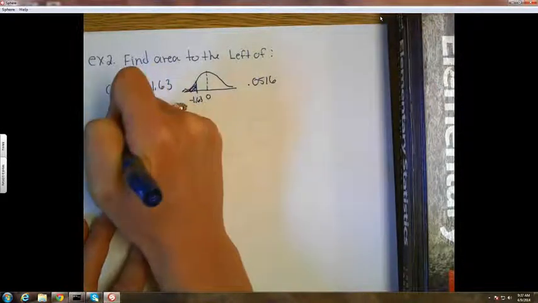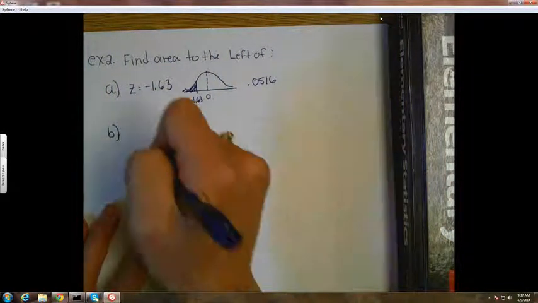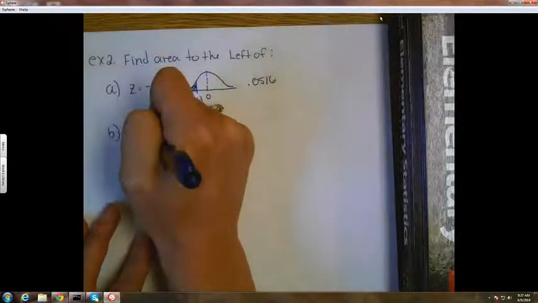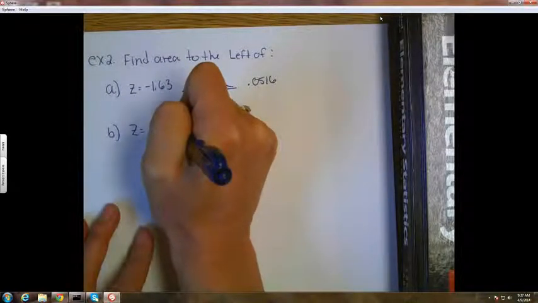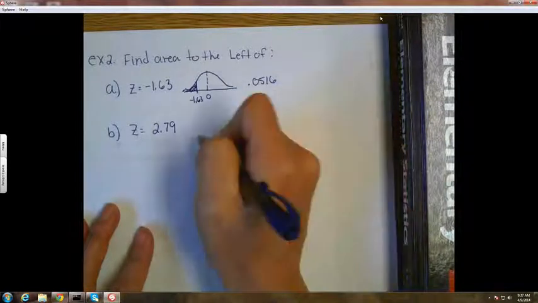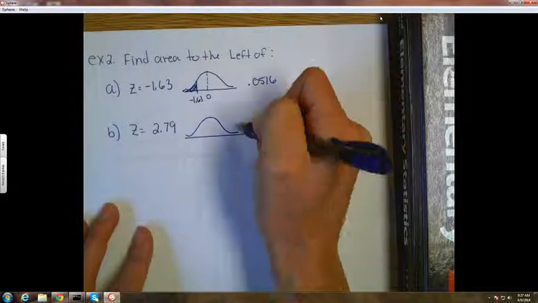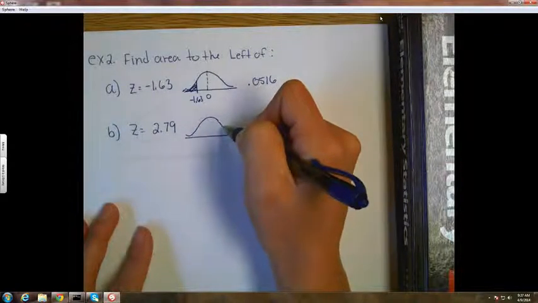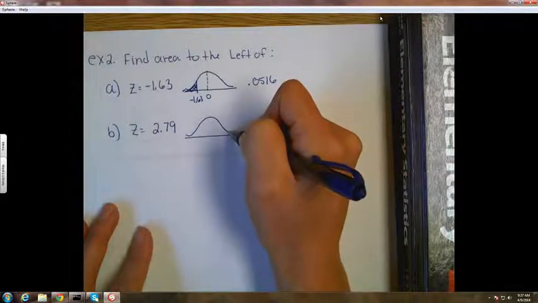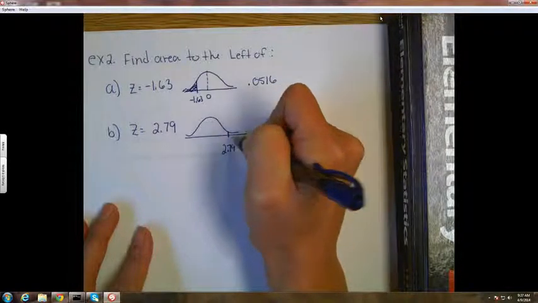Try one more. What if I give you to the left of 2.79? Where is 2.79 on my graph? That's way out here to the right, almost to 3 standard deviations above. And I want the area to the left.